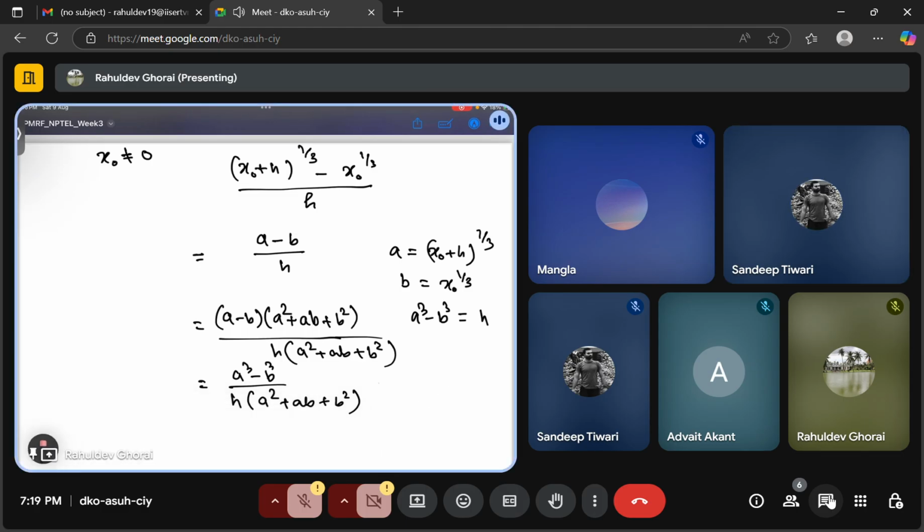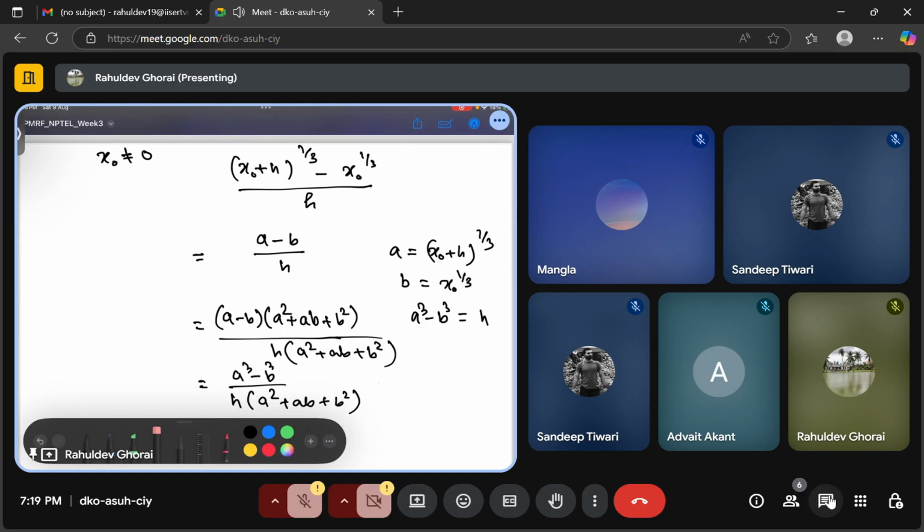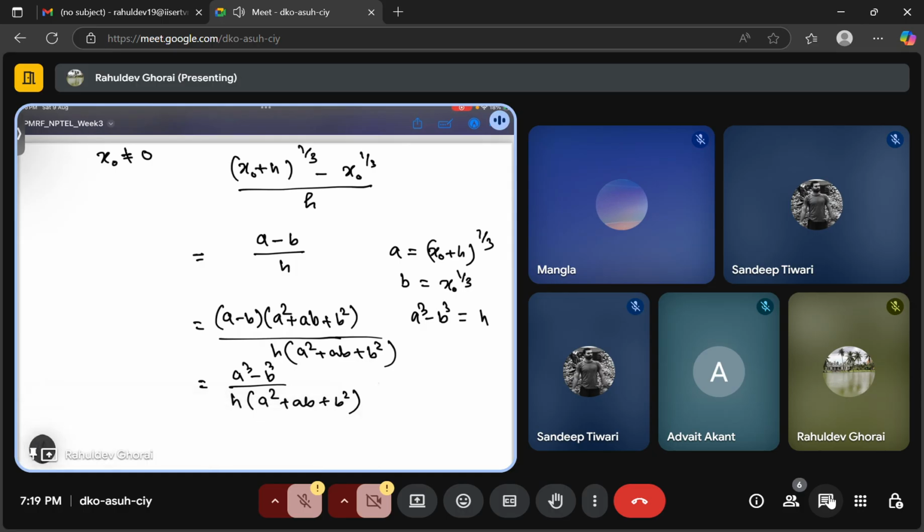Let's write it below, and then it will be 1 over (x naught plus h) to the power 2 over 3 plus (x naught plus h) to the power 1 by 3 times x naught to the power 1 by 3 plus x naught to the power 2 over 3.